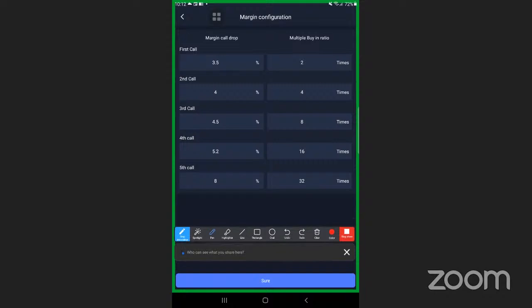I was saying our robot enters at point A. Either price will go up to B, or price will come down to C. Our robot buys when price is coming down. It does not buy when price is going up. When price is going up, it sells. But when price is going down, it buys.